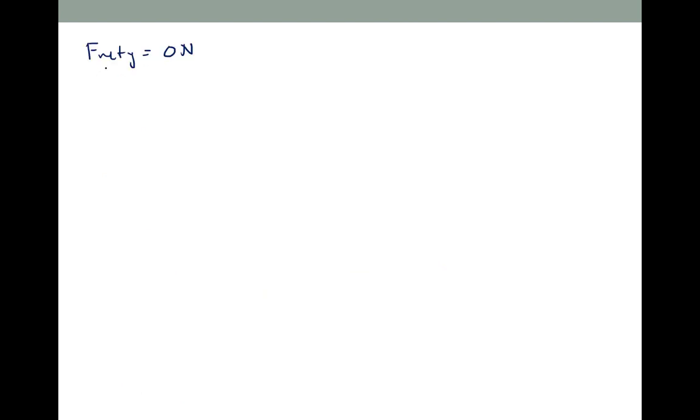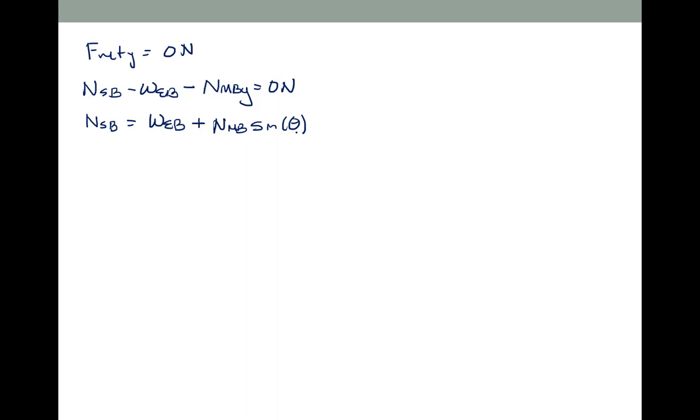So when I write the net force in terms of my forces applied to the block, I have the normal between the surface and the block, subtracting off the block's weight, and subtracting off the normal between the man and the block y component. This means that the normal between the surface and the block will equal the weight plus the normal between the man and the block y component, which we found on the other slide to be NMB times the sine of the angle.